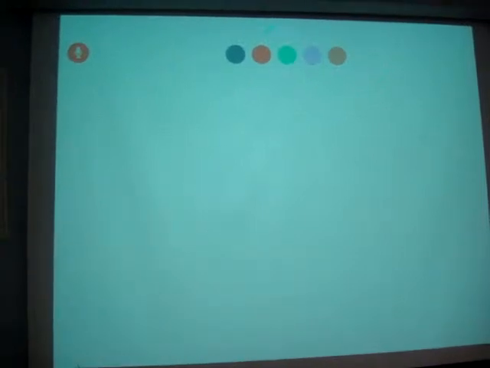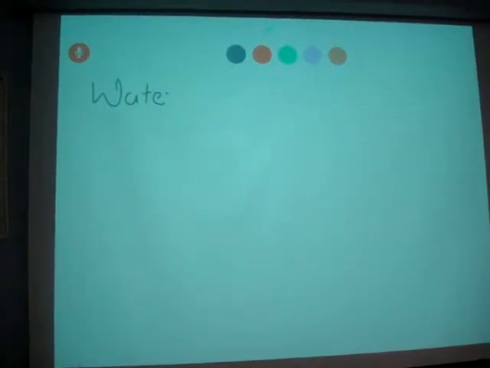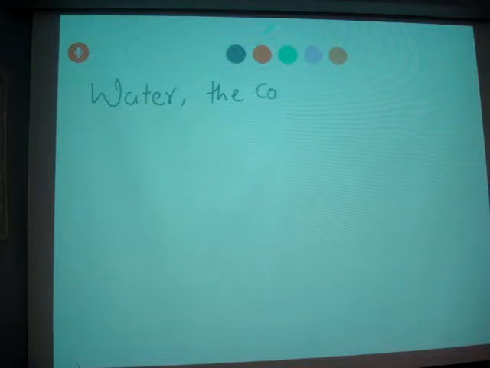So water is a common solvent. Since we are learning about solutions and solution stoichiometry, water is a common solvent.